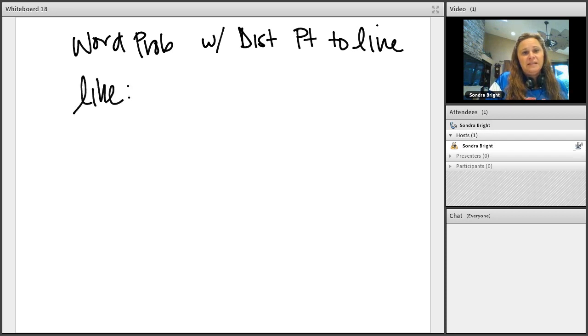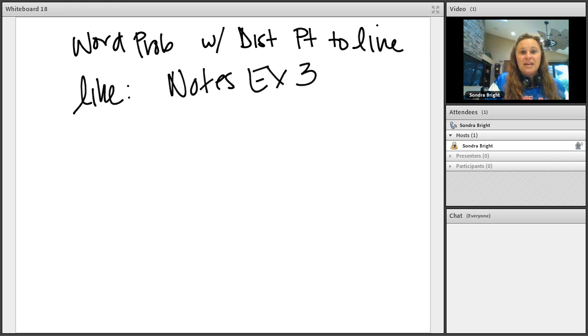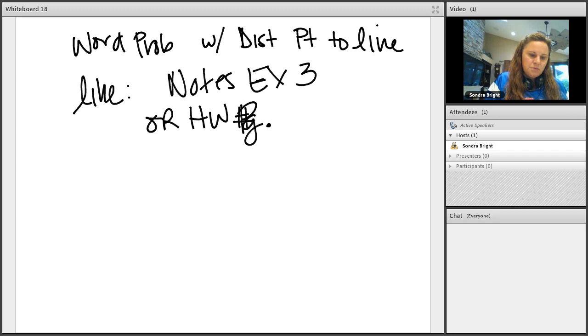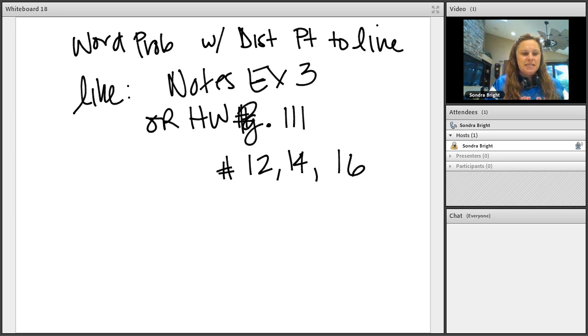It'll be something like example 3, which was an application, or a couple of homework problems. It was page 111, and it could be something like number 12 or number 14 or number 16. I didn't look at those worksheets that we gave you, but those are fabulous. So if there's a word problem on there, that would be good as well.